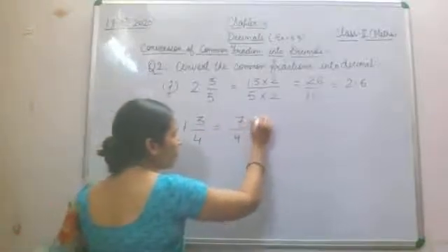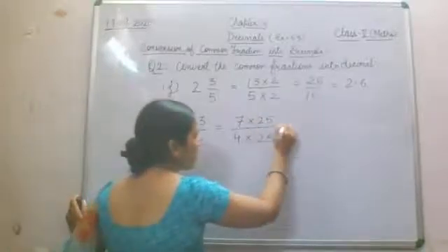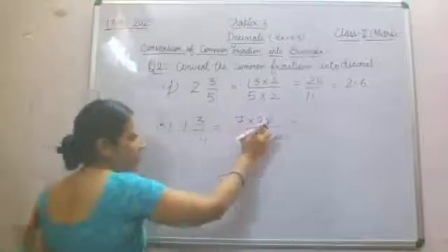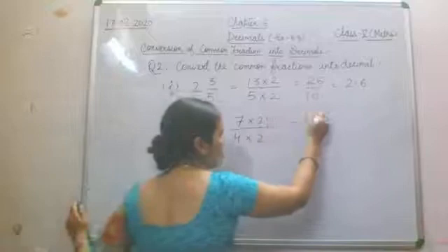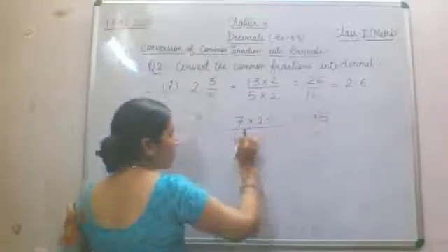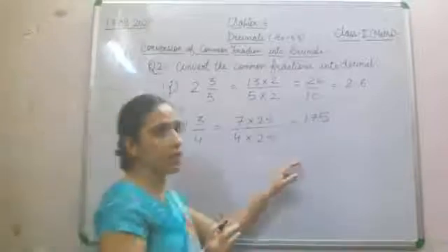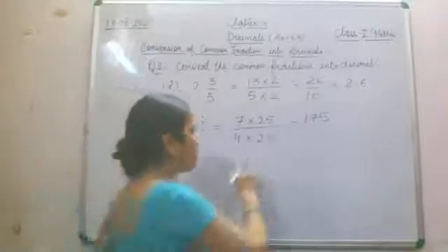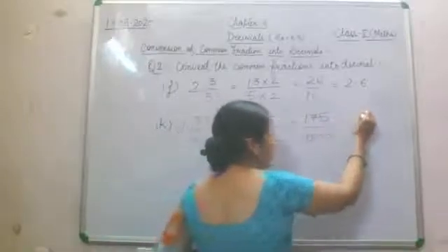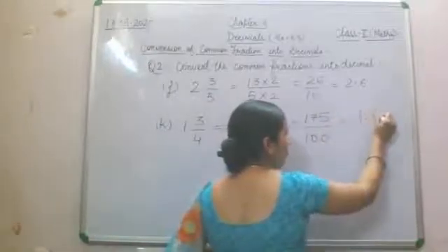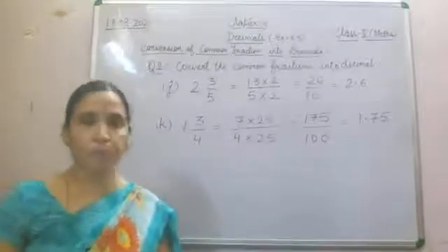It means 4 will be multiplied by 25, so that we will get 100 in the denominator. 7 5s are 35, 7 2s are 14, plus 3 that will become 17, so 175, and 25 4s are 100. What will you get? 2 decimal places, 1.75.